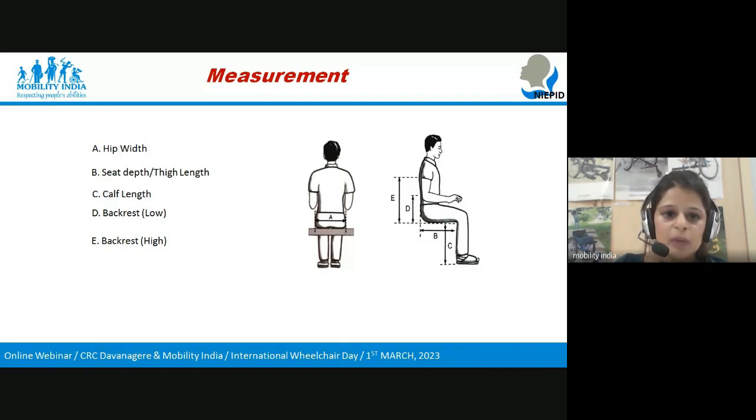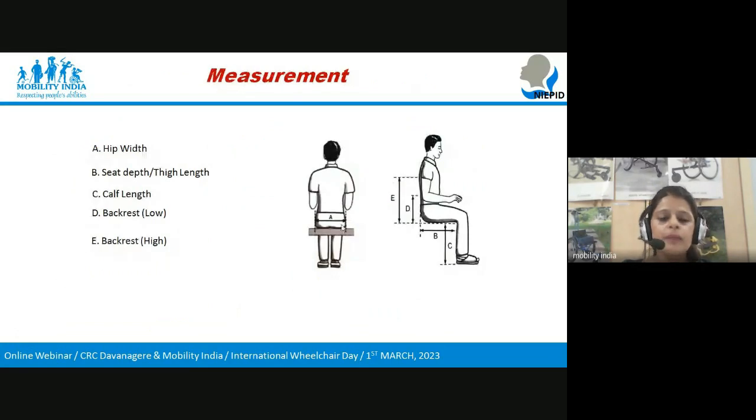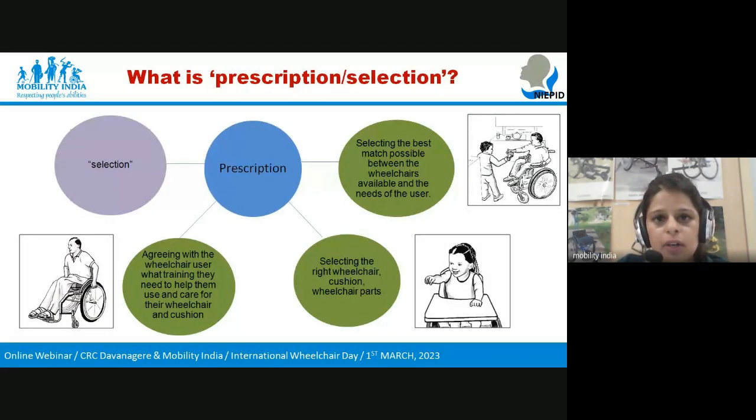For measurement, you can correlate for an appropriate wheelchair by taking the hip width, seat depth, calf length, and backrest height at the lower level and higher level. Prescription: so far we have discussed the types of wheelchairs, their components and features, and also collected information from the assessment, which will help in prescribing an appropriate wheelchair.